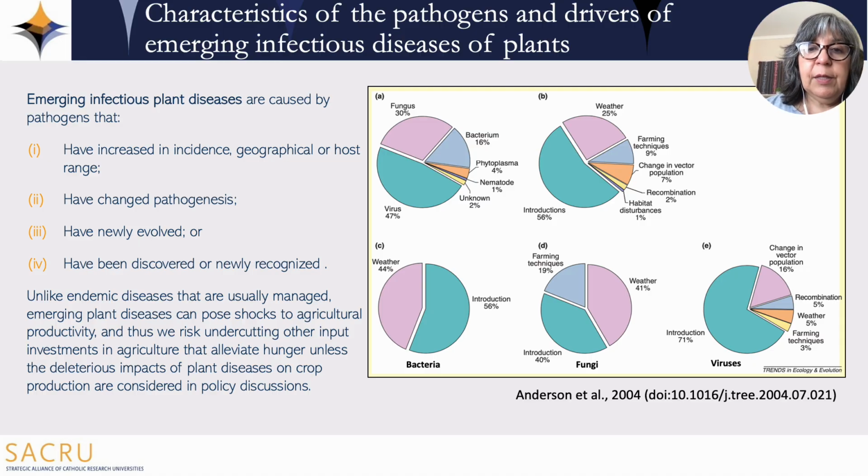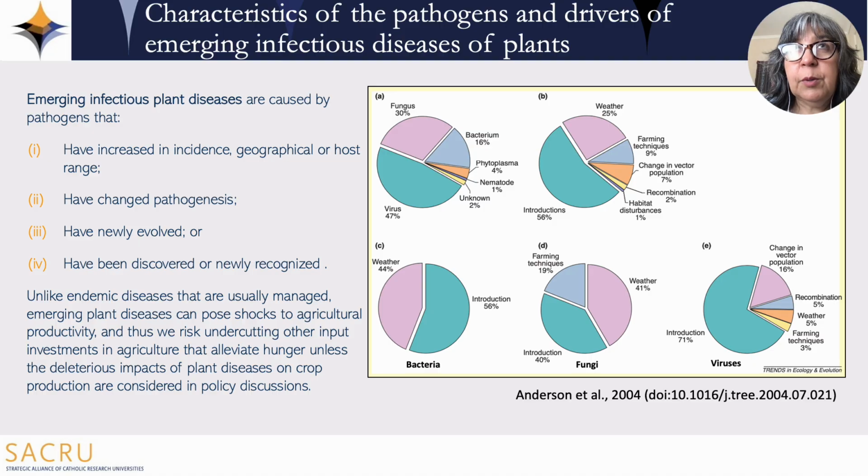On the right side of this slide, you can see a figure taken from Anderson et al. This is a really important article because it is the first to use the concept of emerging infectious diseases of plants.